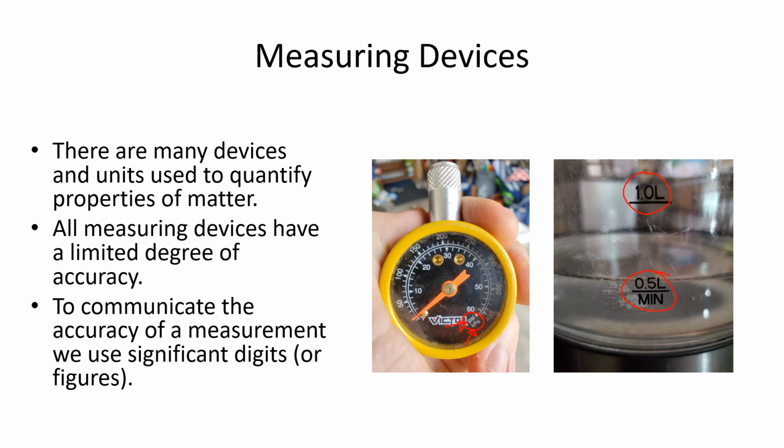And so there's limits to how accurate each of these devices is. You can see there's numbers on here, and then there's lines between the numbers. And so you can really only be as accurate as what those gradations can tell you, and you can estimate a little bit in between them. So that's what we're going to start with, is how to make measurements and what limit of accuracy we can have.